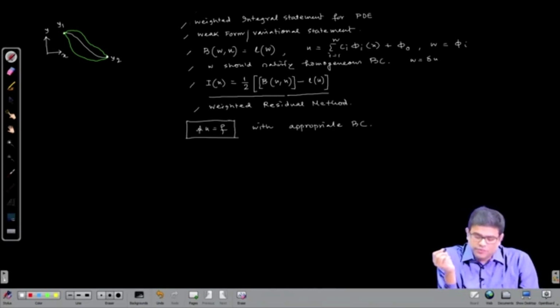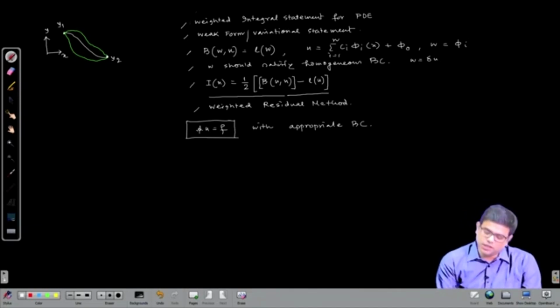If A is a linear differential operator, then we can show that we can construct its energy function very easily, but A is not necessarily a linear operator.